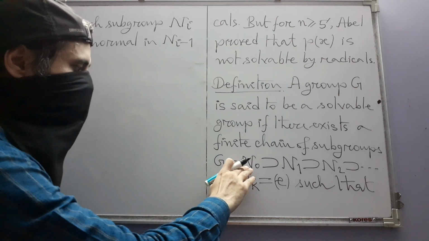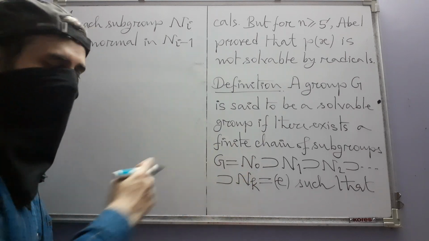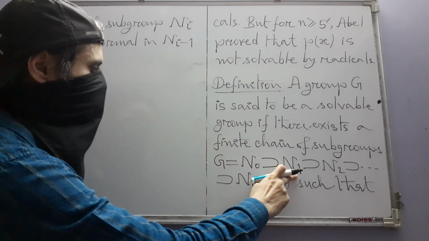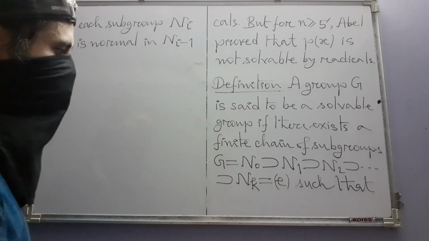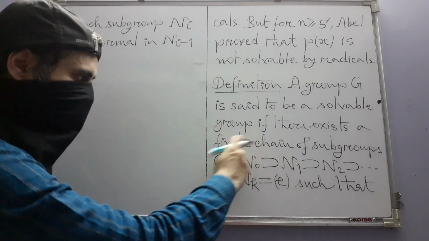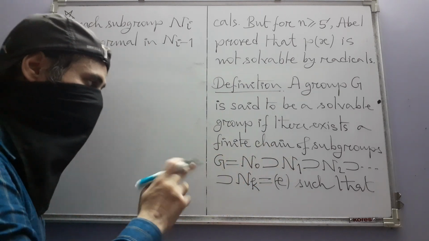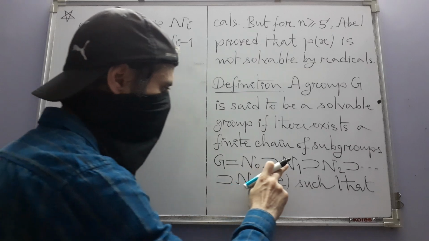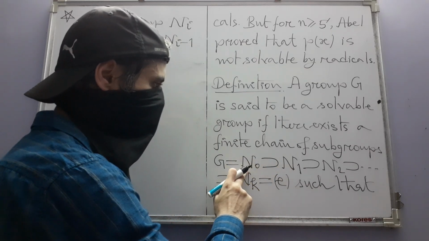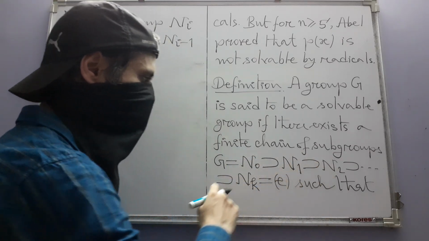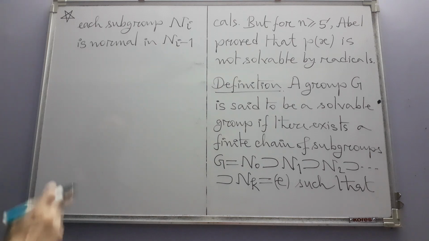I mean, if you consider N naught, it does not have a previous group, right? So we are talking about these groups. For each such group, it's a subgroup in the previous group, but it's a normal subgroup. For example, N1 is normal in N naught, N2 is normal in N1, and so on. That's what we are saying here.